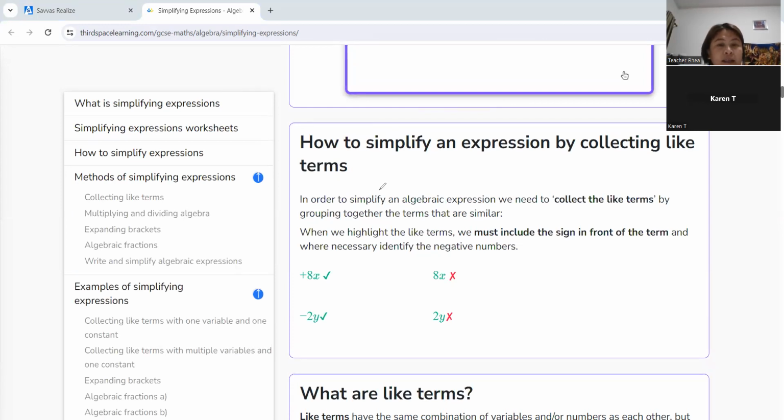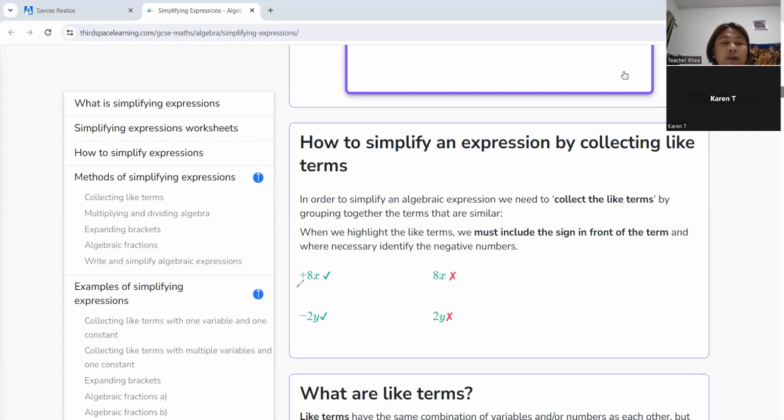By collecting like terms. So when we say like terms, they have the same variable, or if they don't have a variable, if they are only constant values, then constant values are like terms. And when we talk about variables, there are coefficients, right?